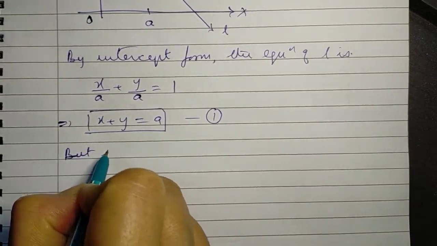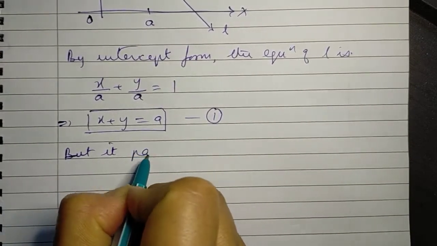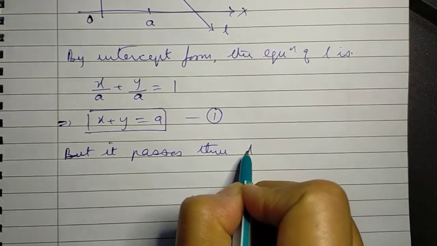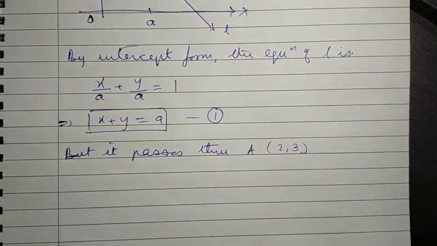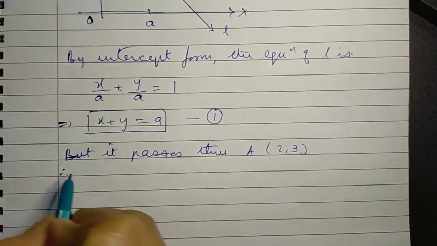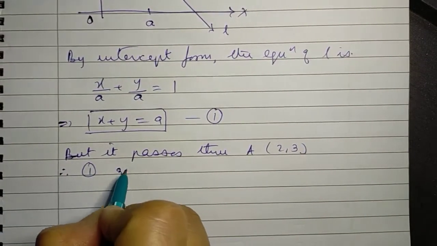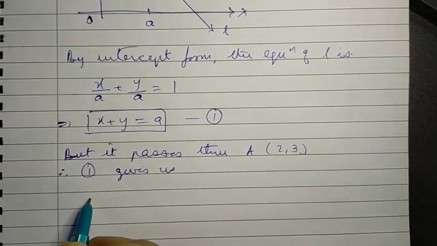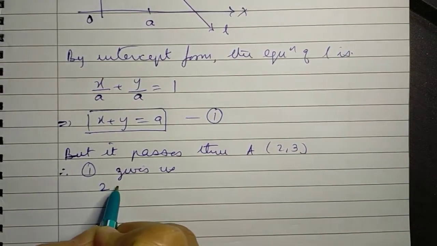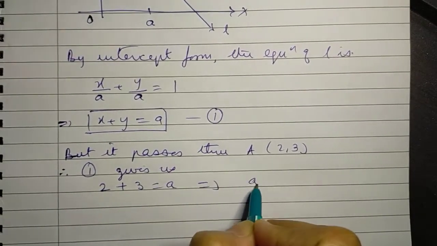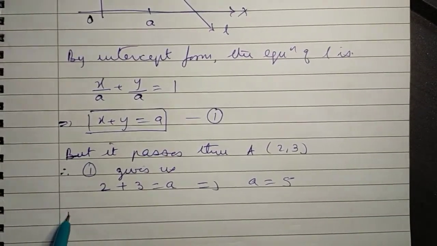But it passes through the point A, which is 2 comma 3. Therefore this should satisfy. Therefore 1 gives us, in place of x you write 2, in place of y you write 3, is equal to A, which gives us A equal to 5.